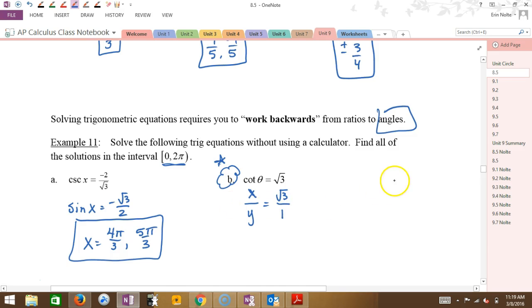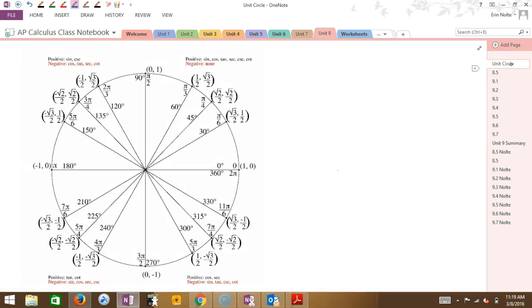Well, we can't just say the x is the square root of 3 and the y is 1, because if you look at the unit circle, do you see anything like that? There's not just a square root of 3 and there's not just a 1. But what I do see is a square root of 3 over 2 and a 1/2. And if you look around the circle, they're all grouped that way. So I know which kind of ordered pair I'm looking at.